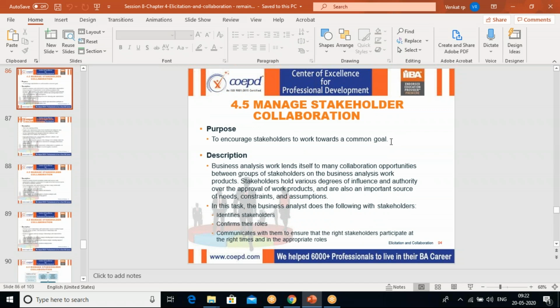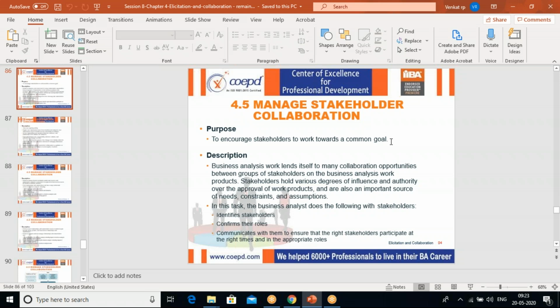When you want to understand how we are going to make it up, business analysis work will have many collaboration opportunities for the group of stakeholders on the business analysis work products. And they have various degrees of influence and authority over the approval of the work products.